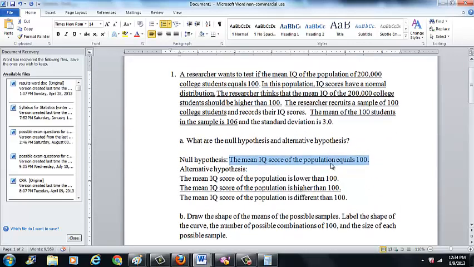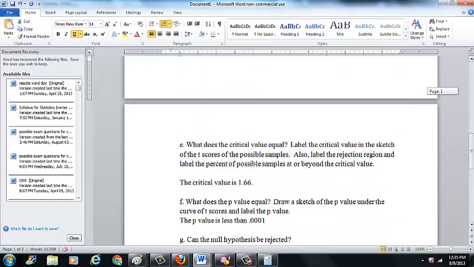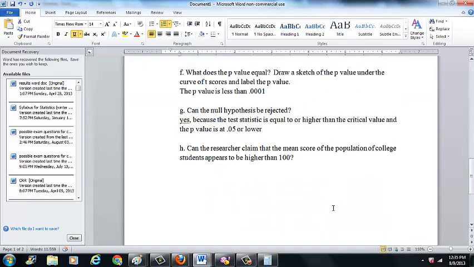If we reject the null hypothesis, we're going along with our alternative hypothesis, which said the mean of the population is higher than 100. So we rejected the null and we did support the alternative. We did support the possibility that the mean is higher than 100. So the answer would be yes.